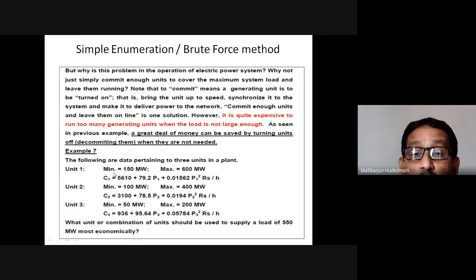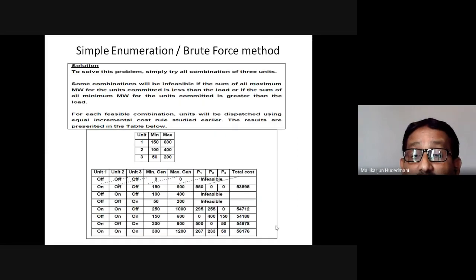You will have one algebraic equation from dC1 by dP1 equated to dC2 by dP2, and get the values of P1 and P2 after solving with the P1 plus P2 equals 550 equation. That is what the equation gives you: the optimal equal incremental cost criteria based solution for 550 megawatt, with machine 1 at 295 megawatt and machine 2 at 255 megawatt.